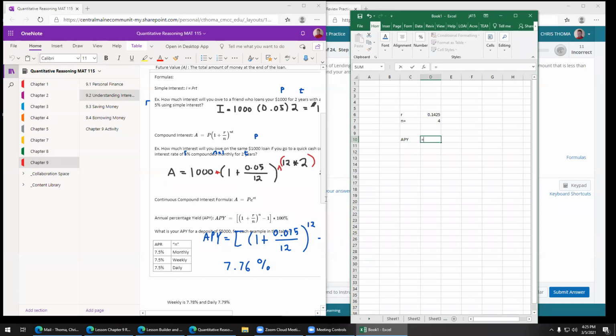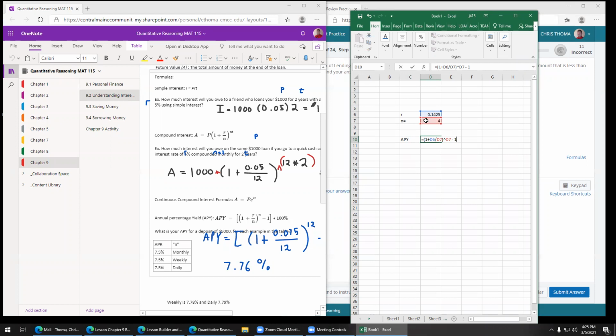So this equals... you can see the formula is basically compound interest moved all around, but they just did all the work for us. That's why it's the same thing over and over again. So 1 plus the rate divided by our N, close parentheses, raised to the N, right?